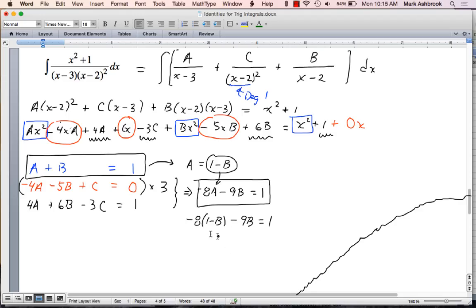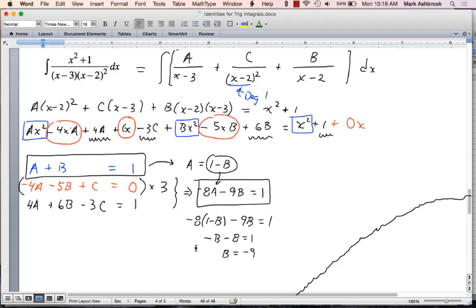Right, so what do I have? Negative 9b and positive 8b is negative b. Negative 8 minus b equals 1. So is b negative 9? I think that's right, and that agrees with what I had before.